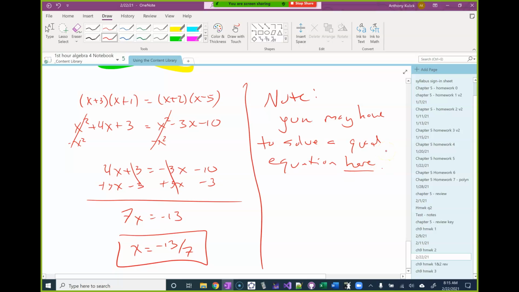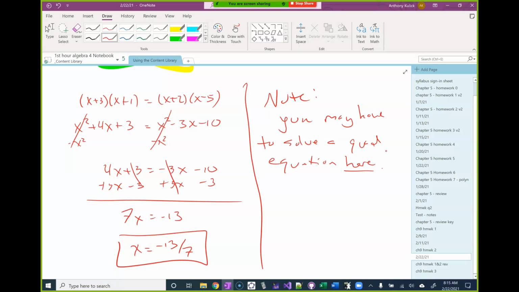So worth noting on this step, we ended up with a linear equation in this example. That will not always be the case. You might end up having to solve a quadratic equation in this step, either by factoring or more often the quadratic formula. Everybody's okay with that idea?